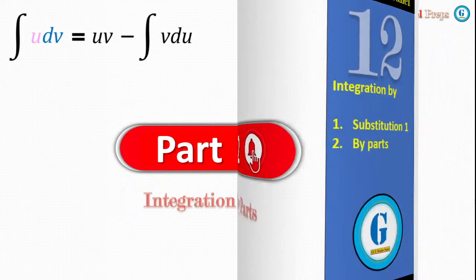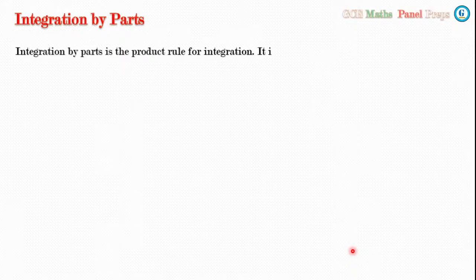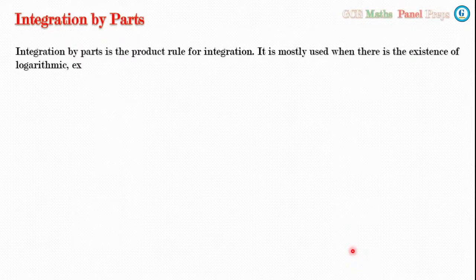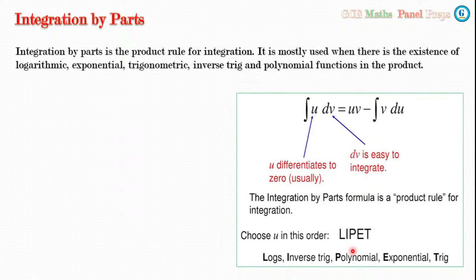Let's take some few simple integrals. Integration by parts is the product rule for integration. It is mostly used when there is the existence of logarithmic, exponential, trigonometric, inverse trigonometric, and polynomial functions in the product.